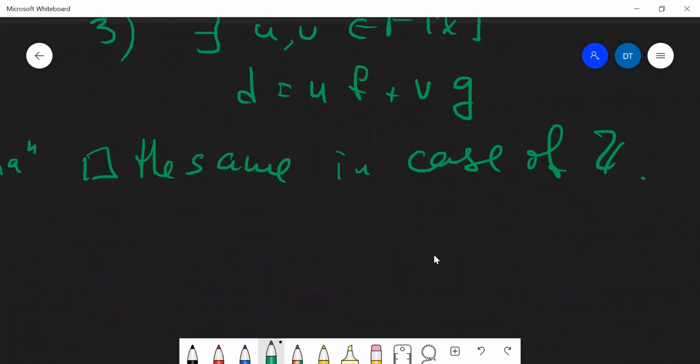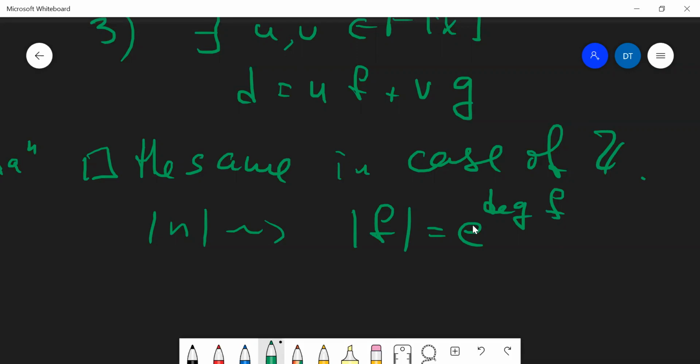The only problem is that in case of integers, you use the notion of the module of the integer. Here you can replace the notion of the module by this expression: you just raise e to the power of the degree of f.